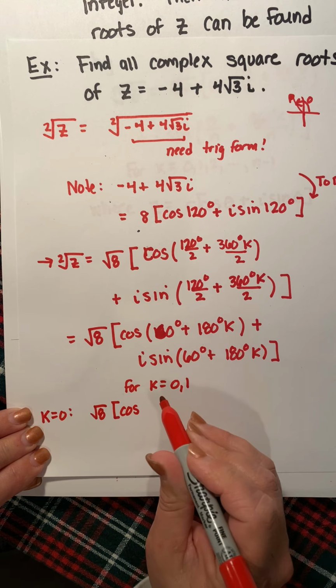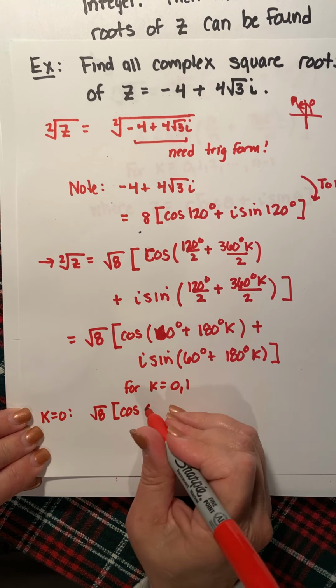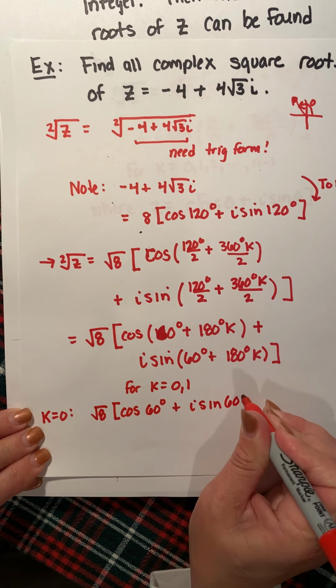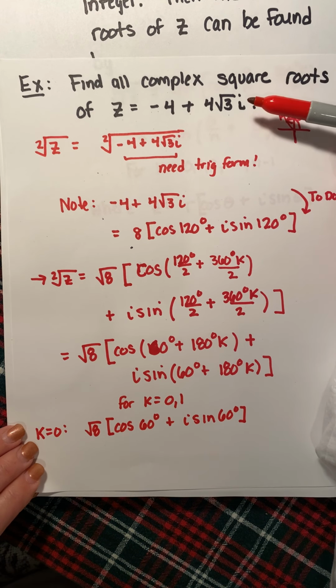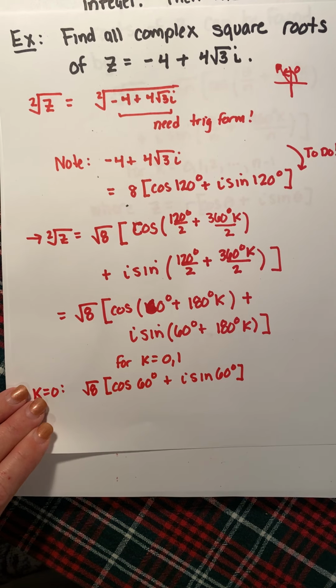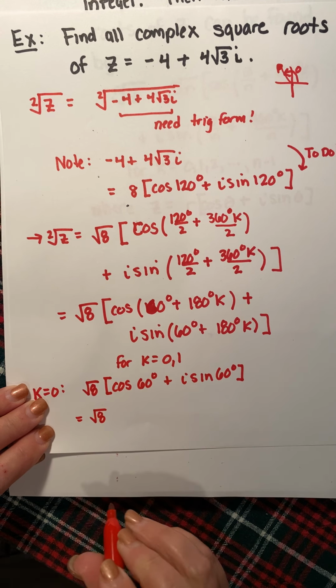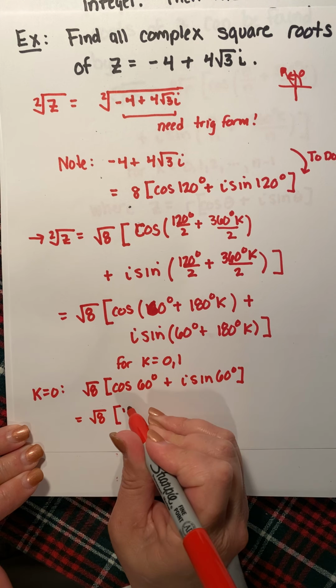So this is going to be the square root of 8 times the cosine of 60 degrees, which is 1/2, plus i sine of 60 degrees, which is the square root of 3 over 2. Now we're going to clean this up because we don't leave the square root of 8. The square root of 8 is equivalent to 2 square root of 2 times 1/2 plus i square root of 3 over 2.